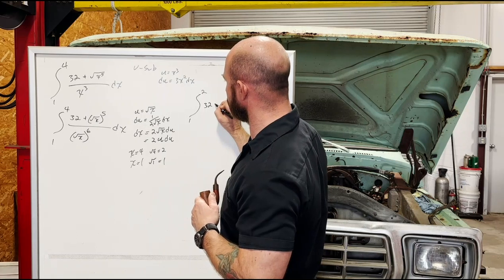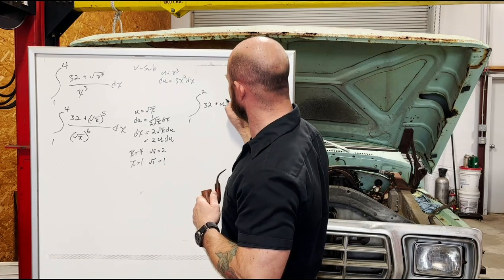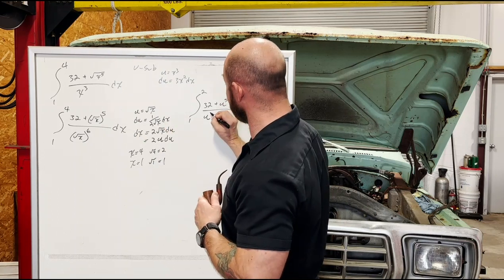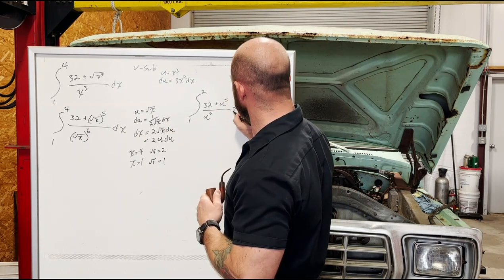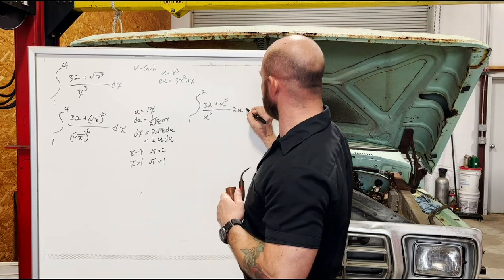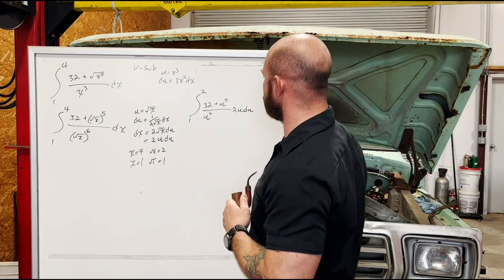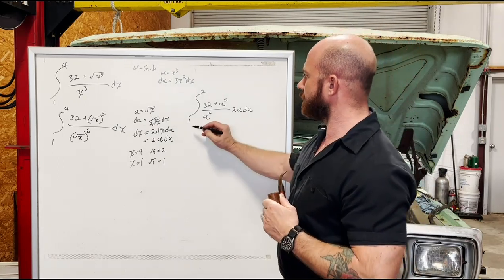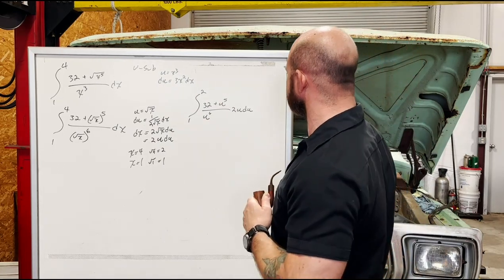is (32 plus u) to the fifth over u to the sixth times 2u du, evaluated from 1 to 2.